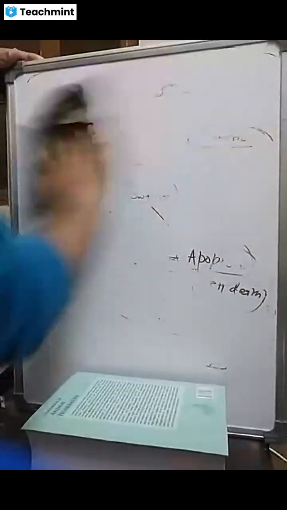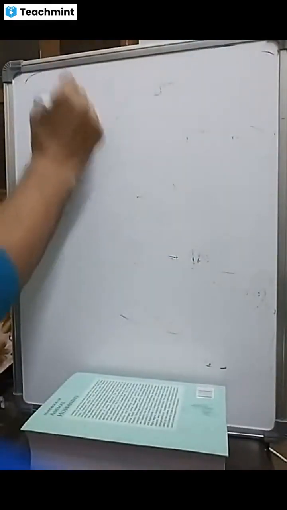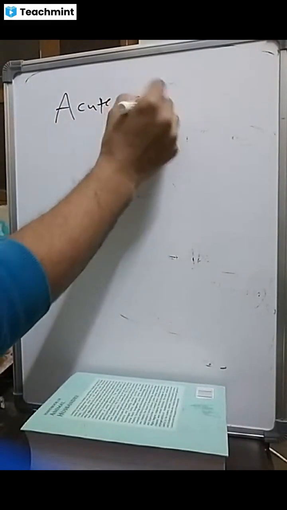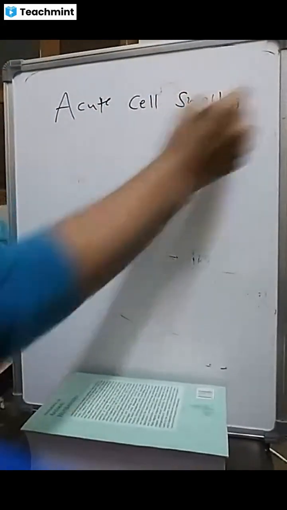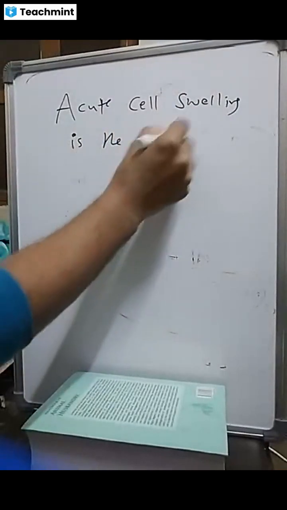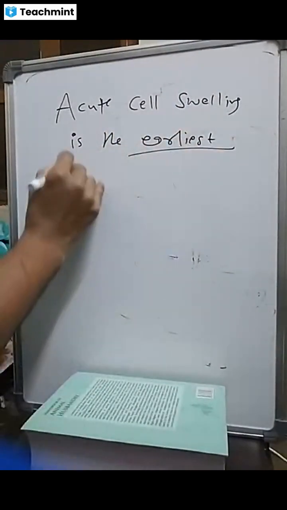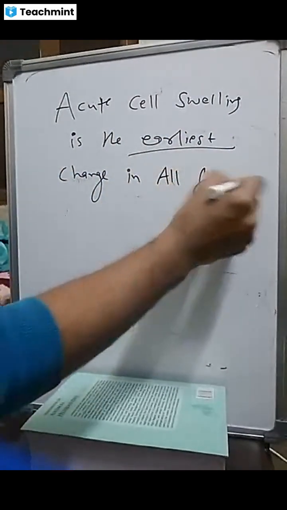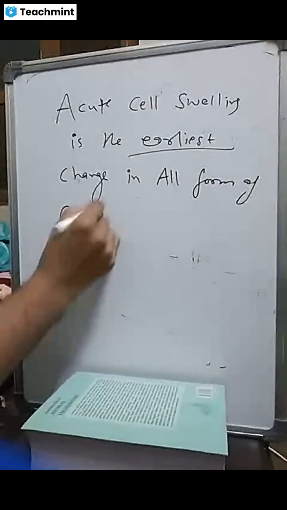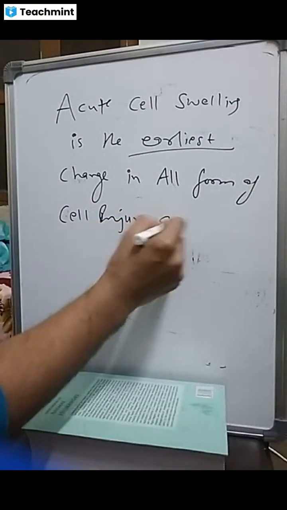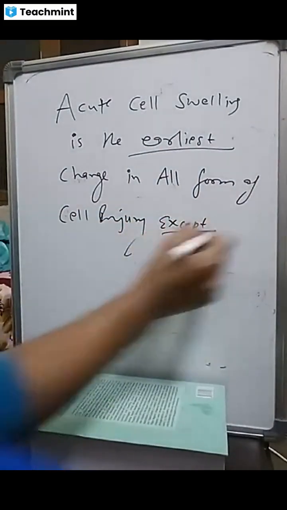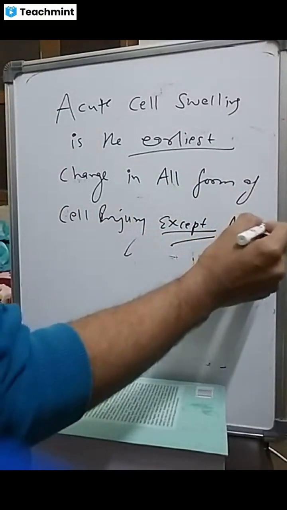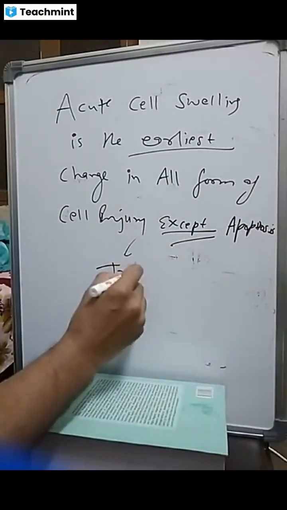So if I tell one sentence like, acute cell swelling is the earliest change in all forms of cell injury except apoptosis, this is a true statement.